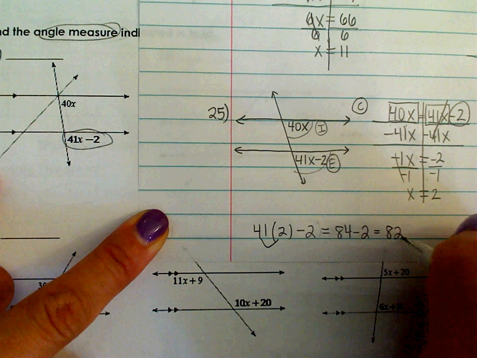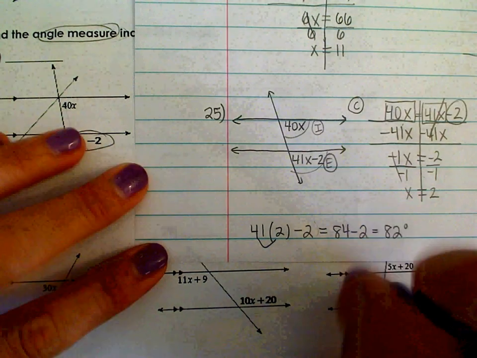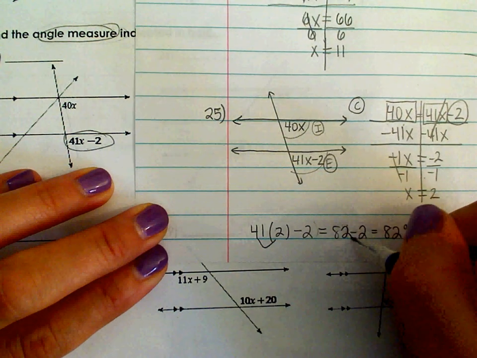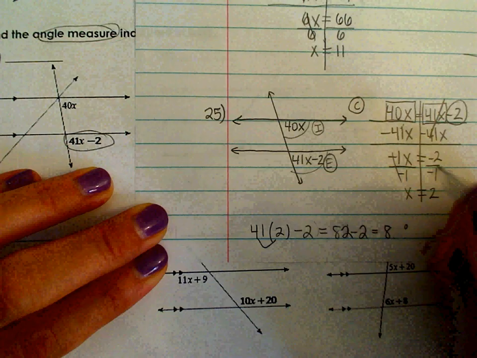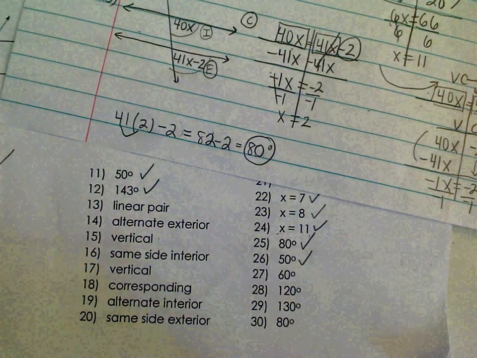And let me make sure that I did that right. Nope. This should be 82. 82 minus 2 is 80 degrees. And that's our final answer. 25, 80 degrees. Moving on, 26.